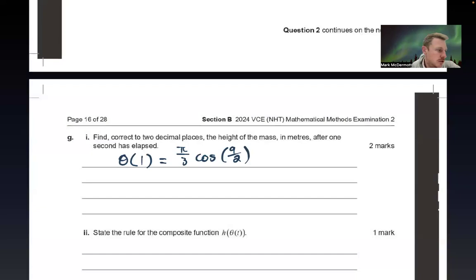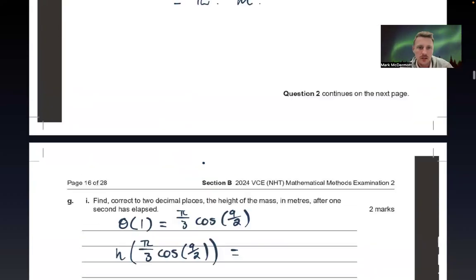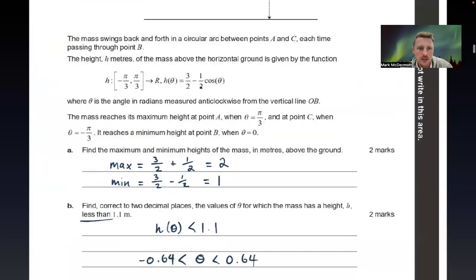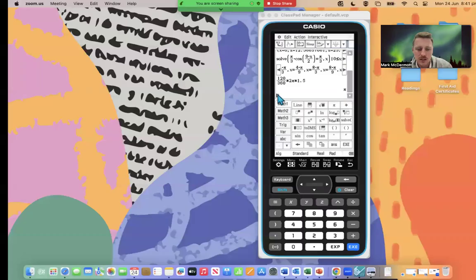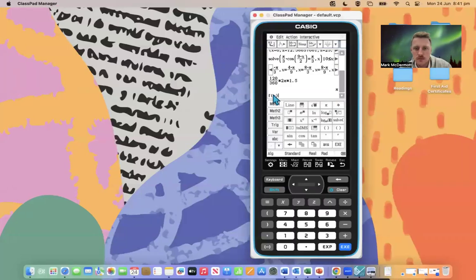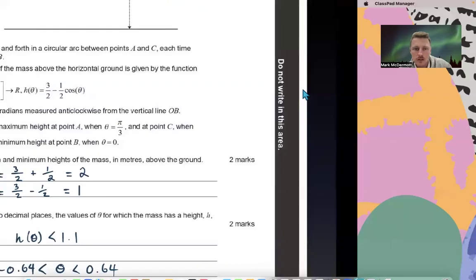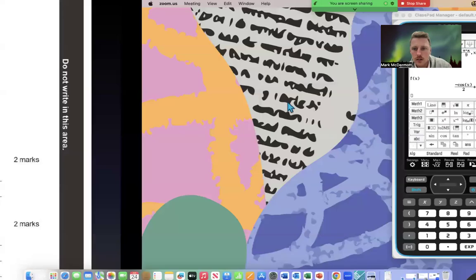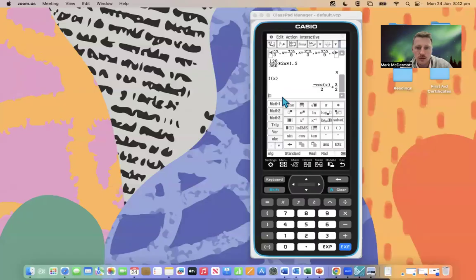Then we need to sub that into our original function, which is h. So essentially what we're doing is we're finding h of pi on 3 cosine 9 on 2, which, did I define my function? Did I call this f of x? Let's go back. F of x, what is that? Yes, that's a win. It's still defined as f of x.